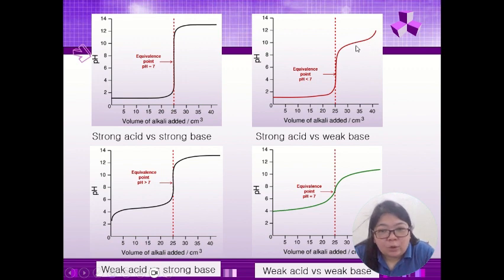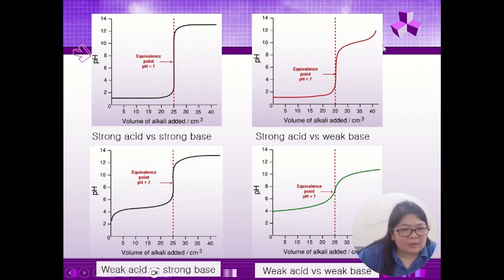So it should be lower. I would say pH 10 is more reasonable. This is 13 for strong base, so here it will be less than 13. To be safe, less than 11. So I say 10 would be the best answer.